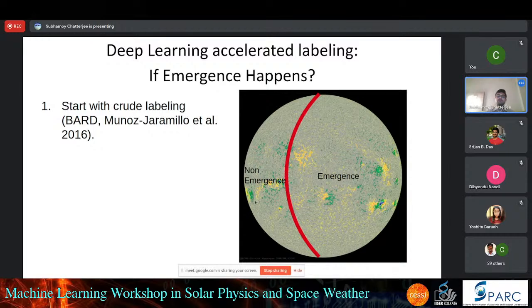So anything before that is labeled as non-emergence, because it is considered a returning active region, and anything on the right, depending on when the emergence is detected, it is considered an emergence or non-emergence.